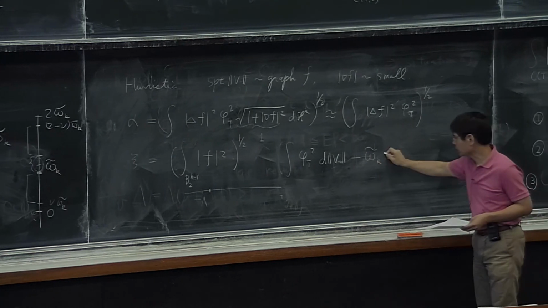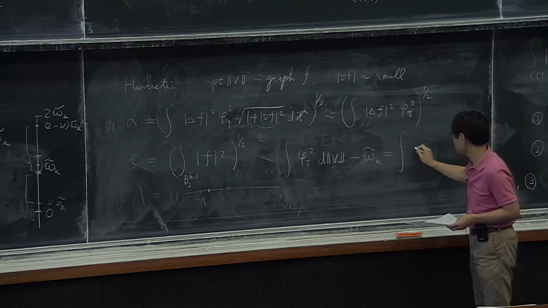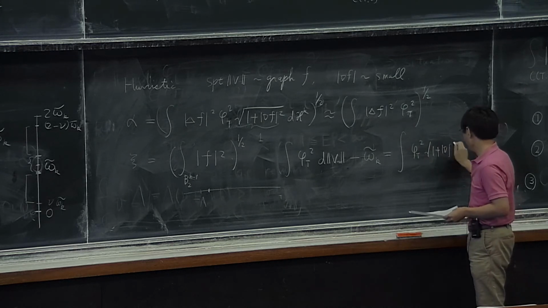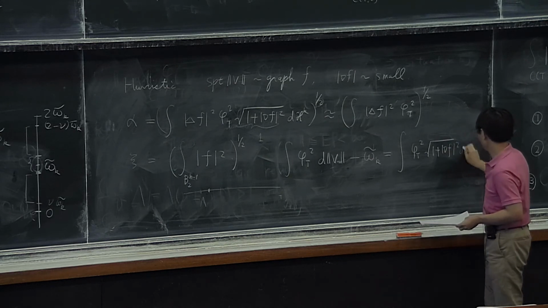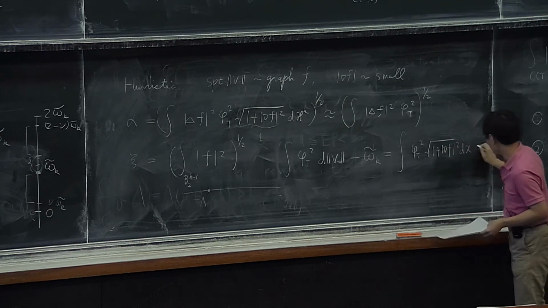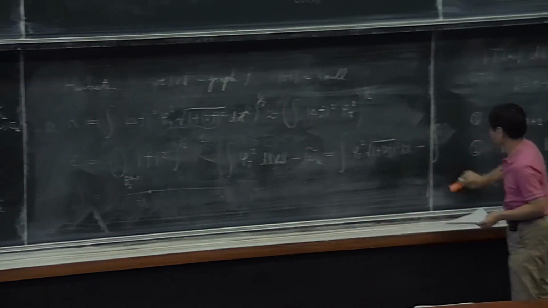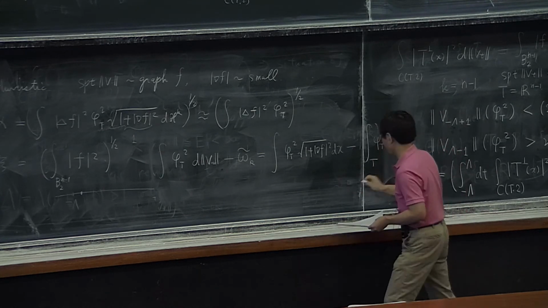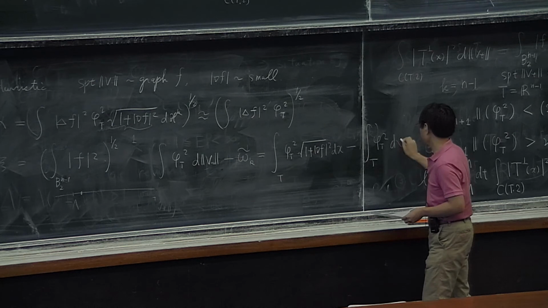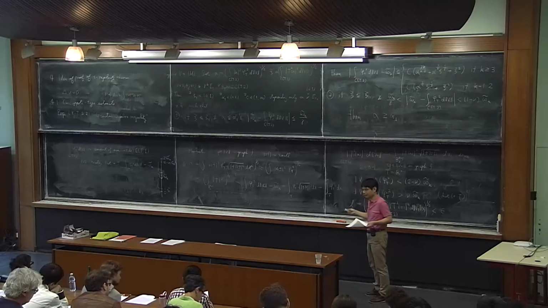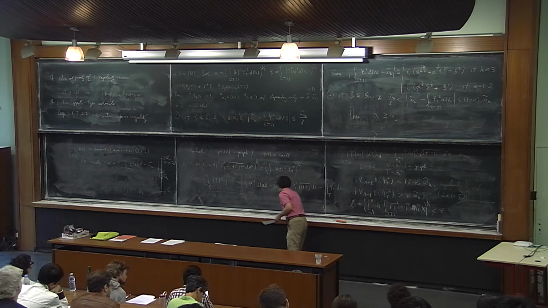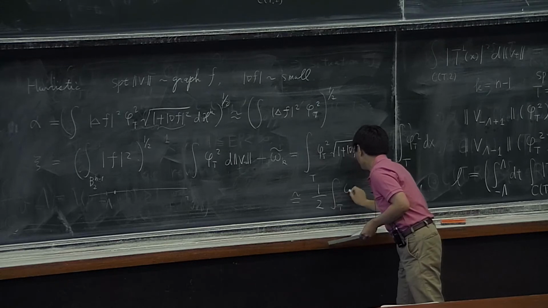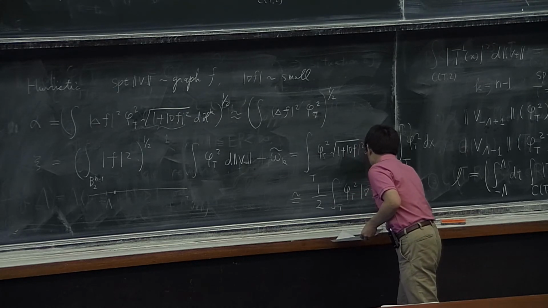If you think of this as a graph, this is nothing but phi t squared times 1 plus nabla phi squared dx, minus, by definition of omega k, phi t squared integrated over T. By Taylor expansion, if the gradient is small, this comes out to be 1/2 of phi t squared times nabla f squared.